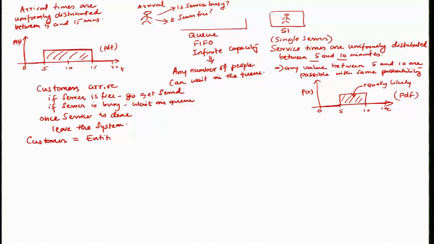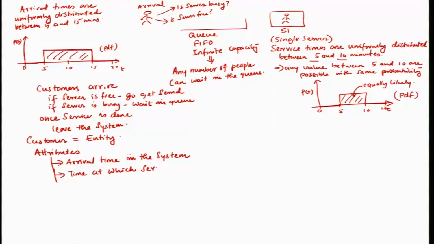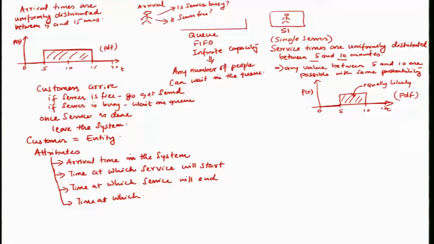And so, the customer is your entity. So, the attributes of the entity include arrival time in the system, time at which service will start, time at which service will end, time at which entity leaves the system.